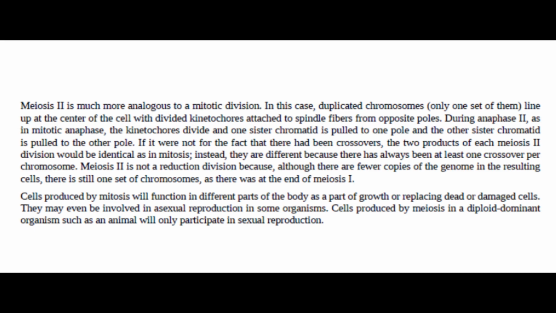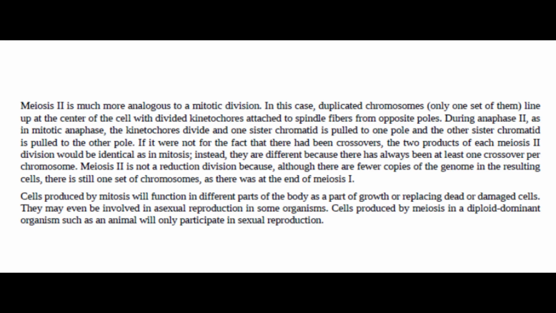If it were not for the fact that there had been crossovers, the 2 products of each meiosis II division would be identical as in mitosis. Instead, they are different because there has always been at least 1 crossover per chromosome. Meiosis II is not a reduction division because, although there are fewer copies of the genome in the resulting cells, there is still 1 set of chromosomes, as there was at the end of meiosis I.